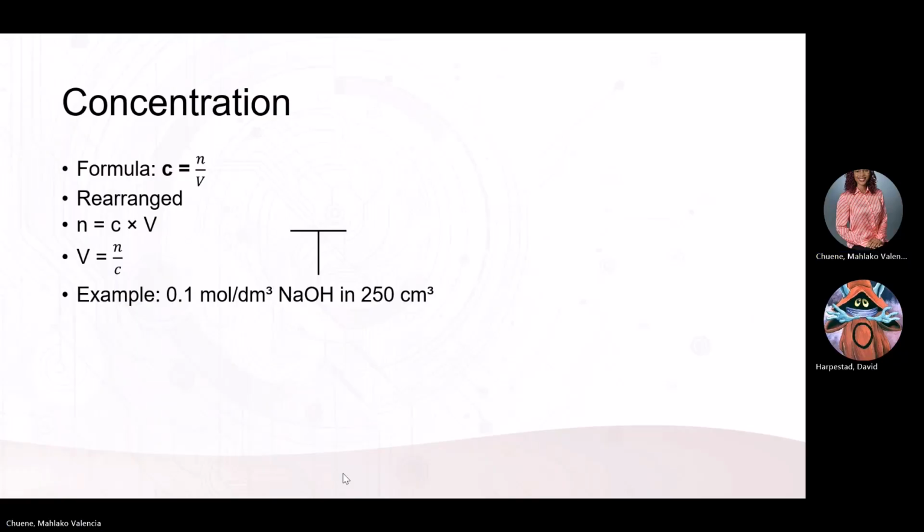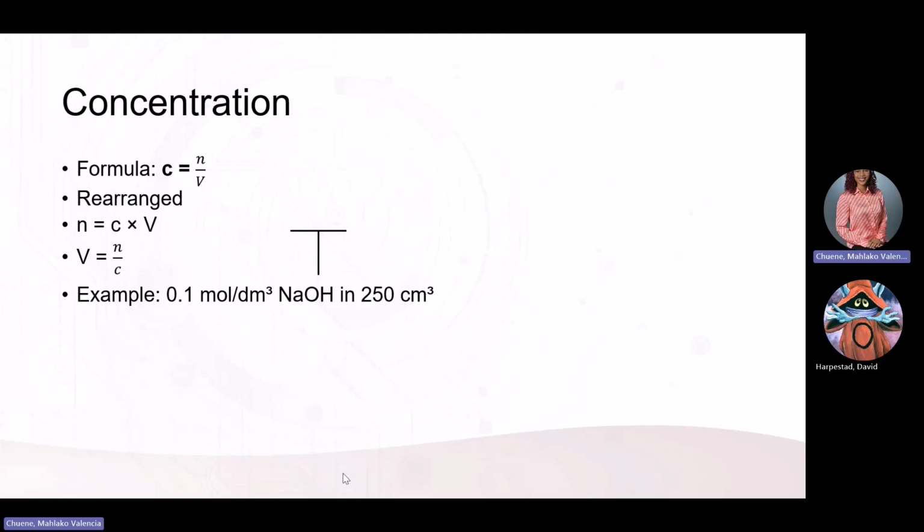Now, with the example here, we are given 0.1 moles per decimeter cubed. So this is a solution of sodium hydroxide. This solution is 0.1 mol/dm³ in 250 centimeters cubed.